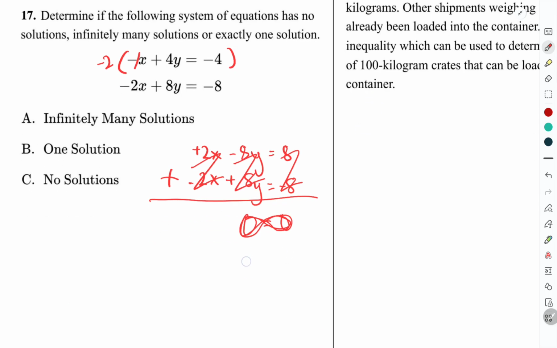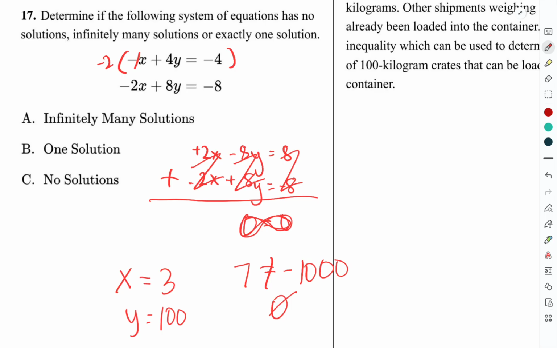If I had gotten 0 to equal 5, or 7 to equal 5, or -1,000 to equal 7, something that doesn't make sense, that would be 0 solutions. And if I had gotten x equals 3, or y equals 1,000, if the letter had stayed, not everything had crossed out, that would be one solution.